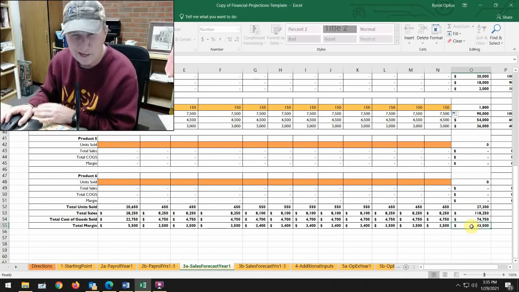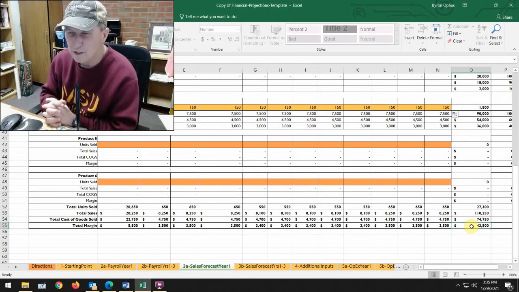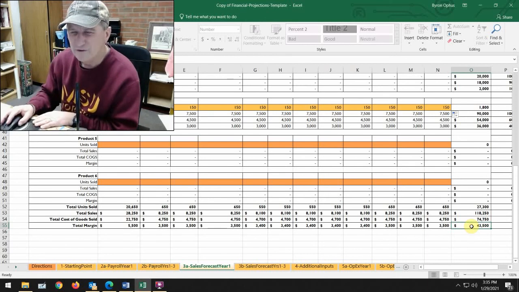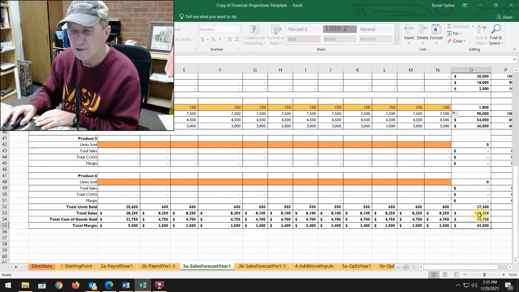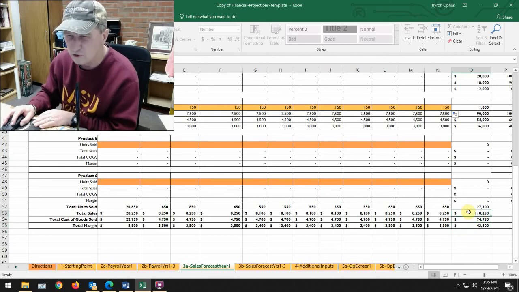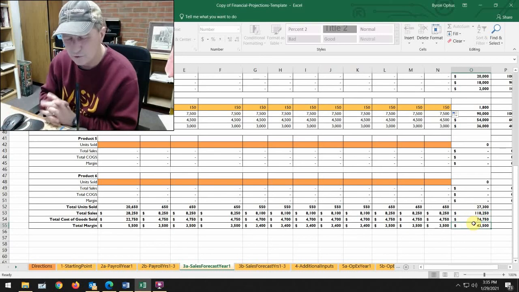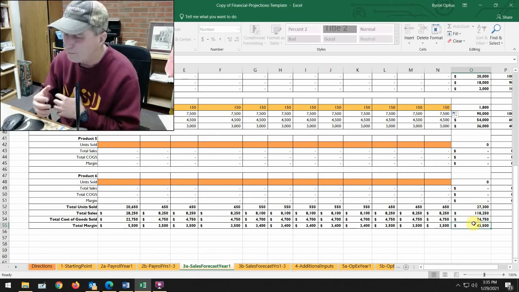Based on what I have up here, I wouldn't be making any money because I'm going to have operating expenses and whatnot coming out of this. But this is the number that we need to focus on, and you need to take a look at it and say, is that realistic? And it might be the total sales that you'd look at, right? Cost of goods, sure, and those two numbers might be the two that are most important, that you just got to focus on and make sure that you're in the realm.